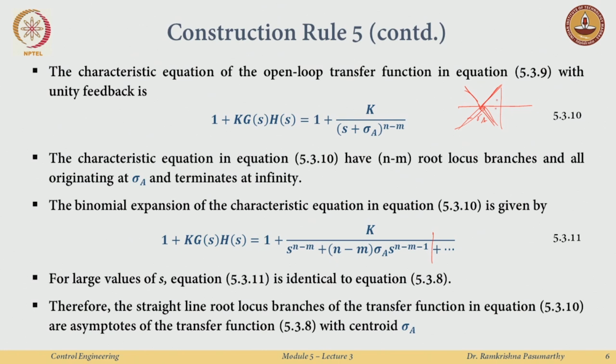So, do not really think that I am drawing something very correct here, just to give some vague idea of what is happening, right. So, these straight line root locus branches of the transfer function, which has n minus m poles at sigma a on the negative side, are asymptotes of the transfer function with centroid sigma a. All the asymptotes start at sigma a.